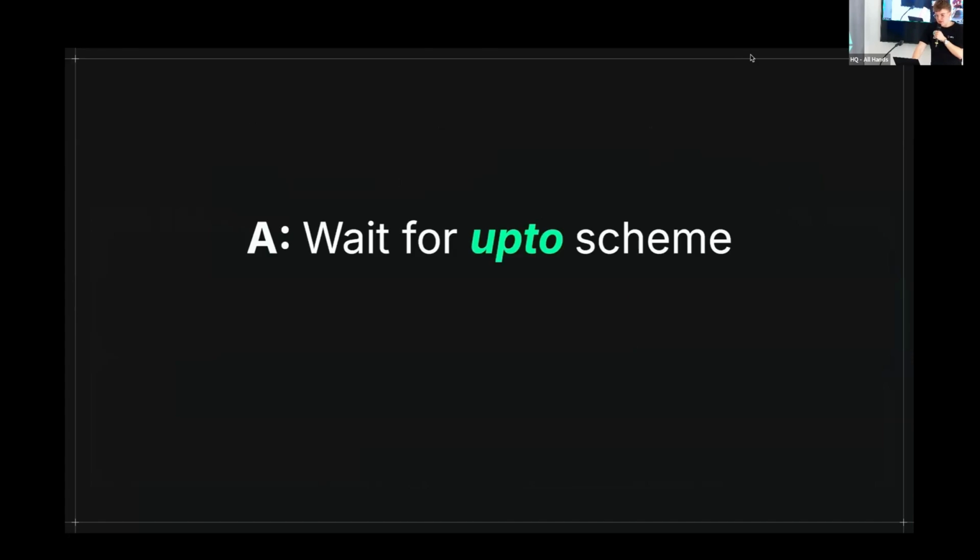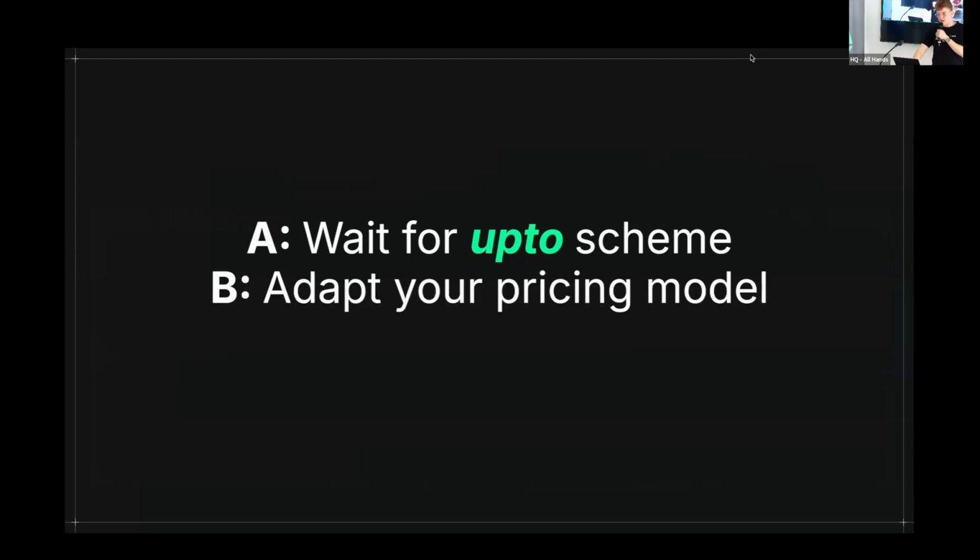So you have 3 options. If you have a pay-as-you-go scheme in your service and you want to be on x402, you can either wait for the upto scheme, which got released about a week ago. Well, it wasn't released, but support for it started to grow 4 days or a week ago. We didn't want to wait for it. Another thing you can do is adapt your pricing model. You would probably need to change your application a lot.